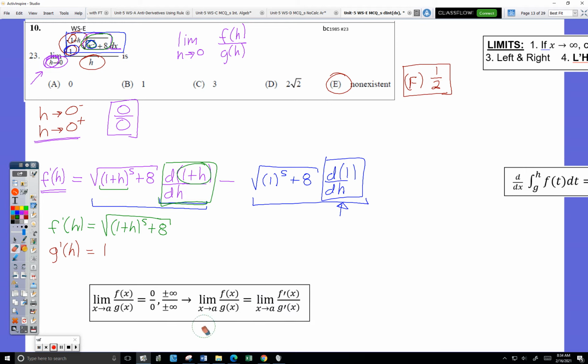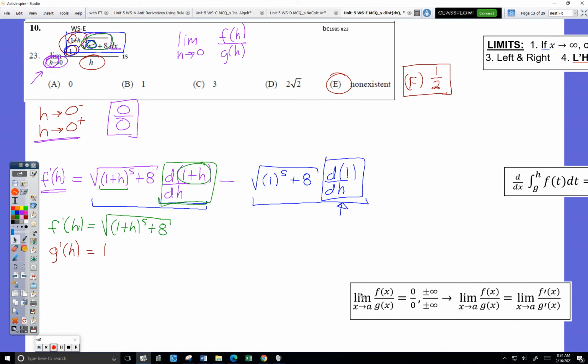We take the limit of f prime divided by g prime as h approaches 0. Was that your question, Logan? Yeah, I just didn't know if we figured out what that expression meant before we did the limit.